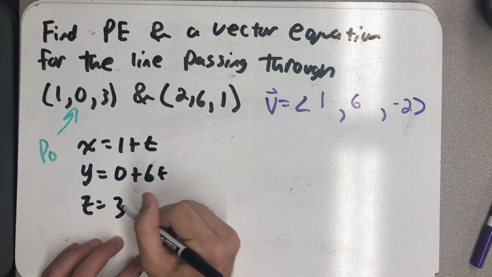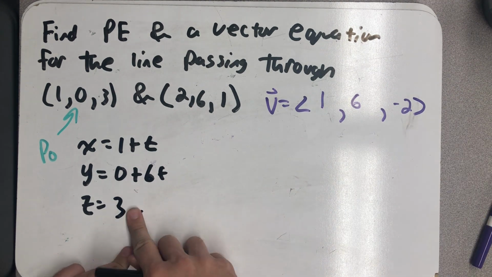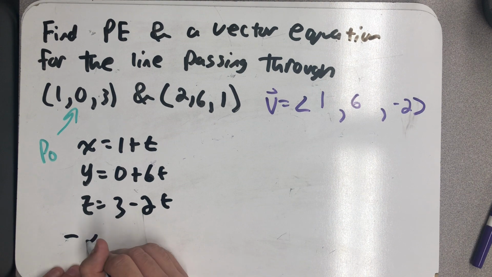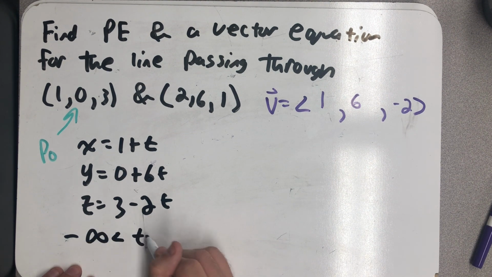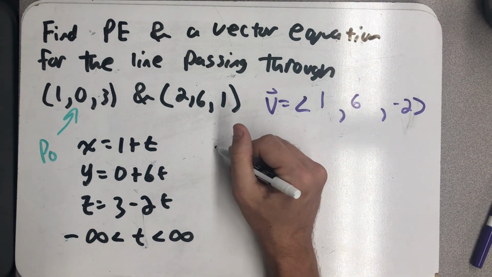Excuse me, z equals z naught plus minus 2t. And I want the whole line, so I need t to be between minus infinity and positive infinity. If I replace my minus infinity and positive infinity with numbers, instead of a line, I'd get a line segment. Let's talk about that in a minute.